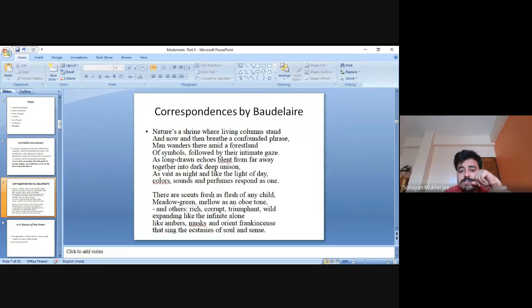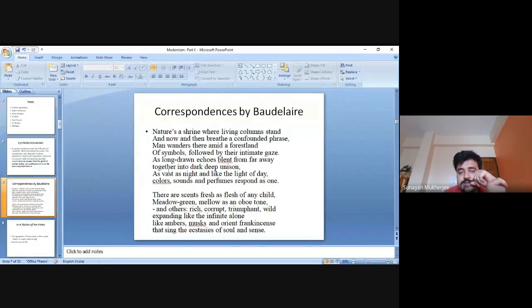There are scents fresh as flesh of any child, meadow green, mellow as an oboe tone, and others rich, corrupt, triumphant, wild, expanding like the infinite alone. Look at the word infinite. What is the infinite?